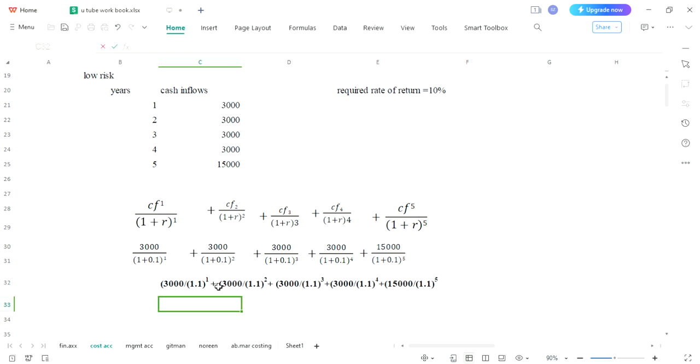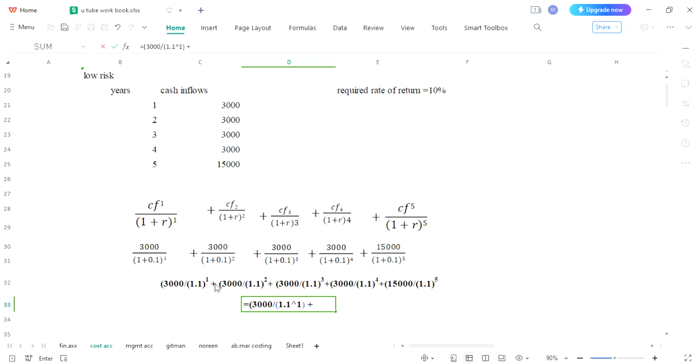Okay, instead of putting the bracket over here, we will put it on our calculator. Let's start putting it. Start your bracket with 3000 divided by 1.1 raised to power 1, close your bracket, then add plus. One more bracket is needed. Put your bracket and then you will add.